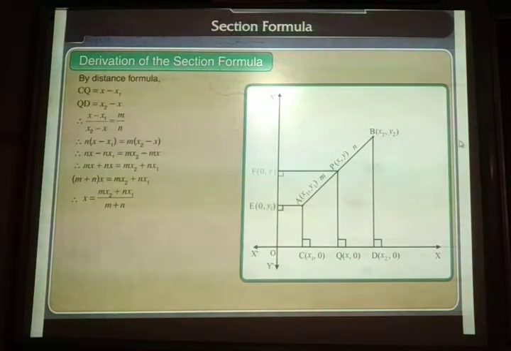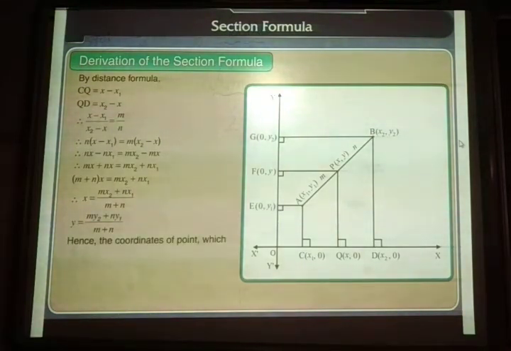Similarly, by drawing perpendiculars from points A, P and B on the y-axis, we can get the relation y equal to (my2 plus ny1) upon (m plus n).